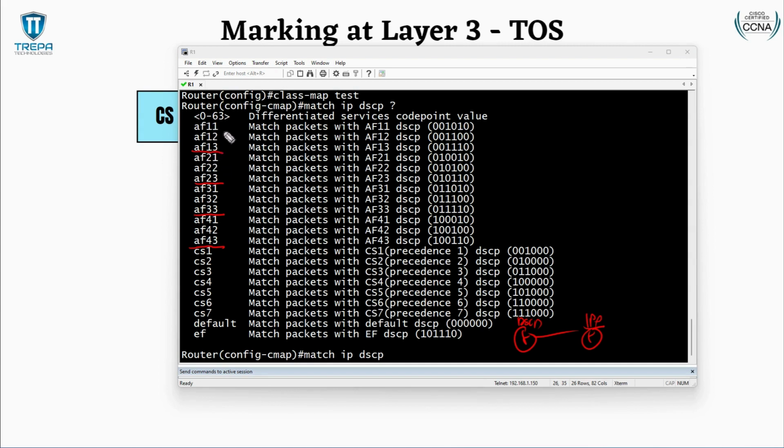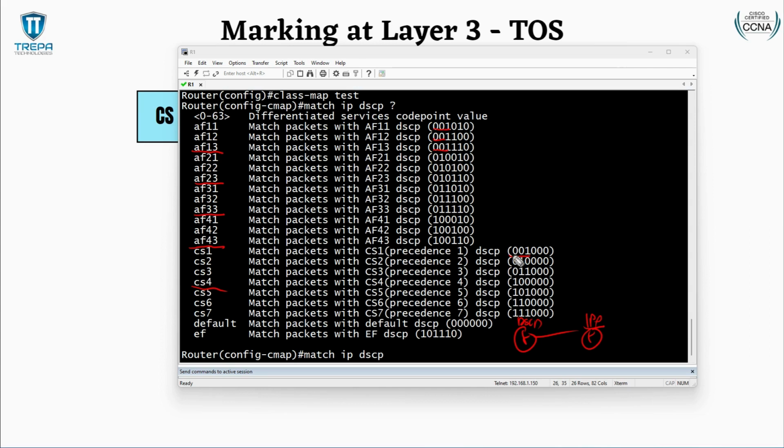The AF10s, AF20s, 30s, and 40s. And then if we come down here to these class selectors, we have CS1, 2, 3, 4, and I'm going to stop right there. Now, what's something we notice about the first 3 bits when we look at AF11 through 13 and class selector 1? What do we notice?